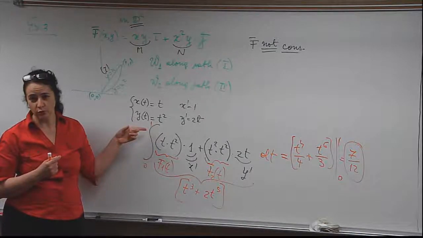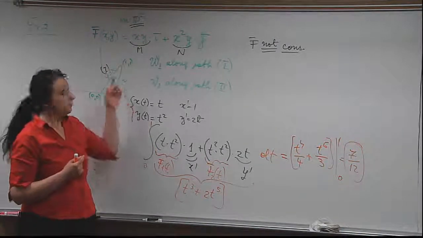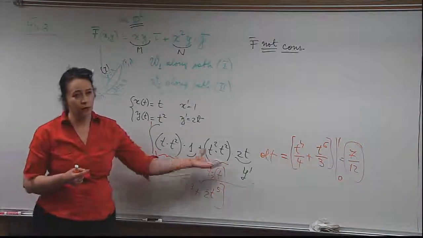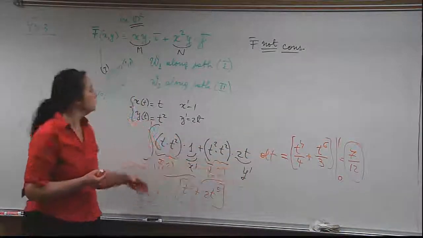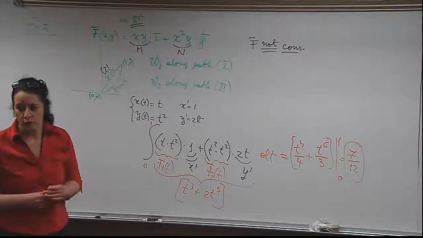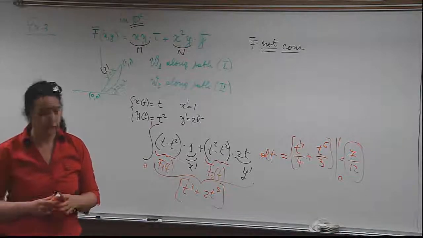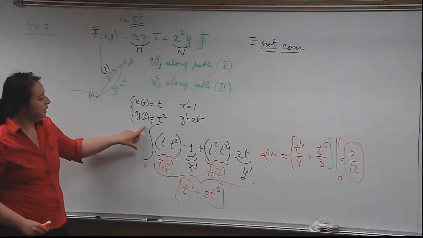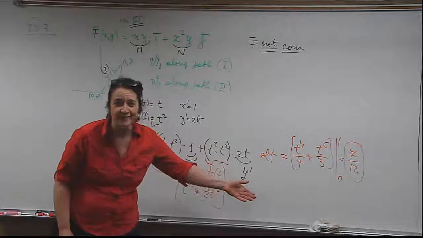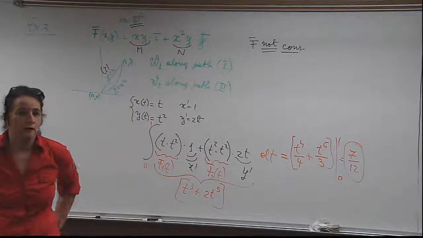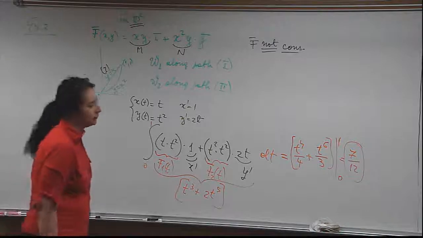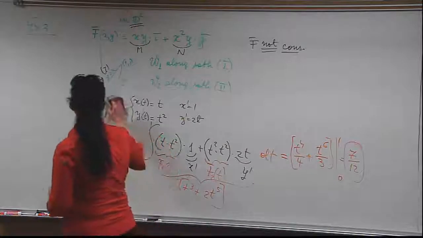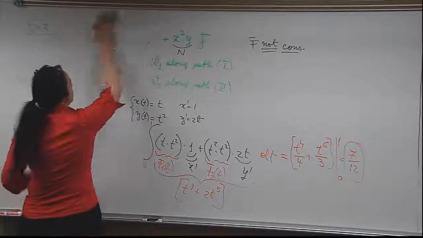I could have taken 2, and then the higher the power, the bigger the number would have been. You could have taken -1 and you still would have got the same answer. There are many reasons why that is. But note that when you take 1, 1 to every power is 1. You were lucky, but in general, keep in mind that if the force is conservative, in most examples, you're not going to get the same answer for the work because it does depend on the path you are taking.